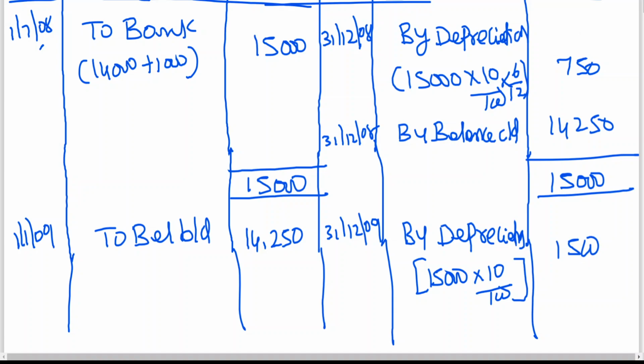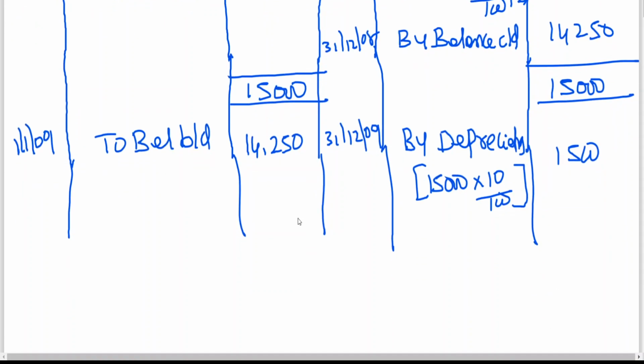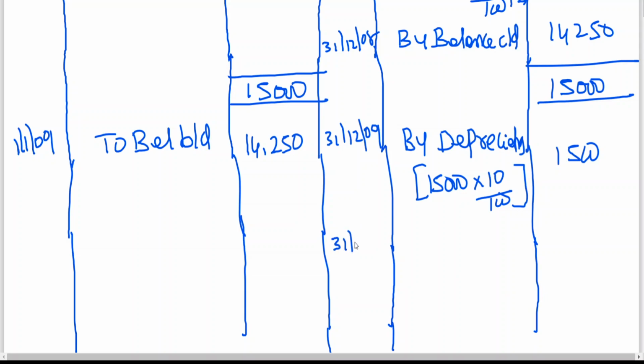Then by balance carried down, 14,250 minus 1,500 is coming to 12,750.